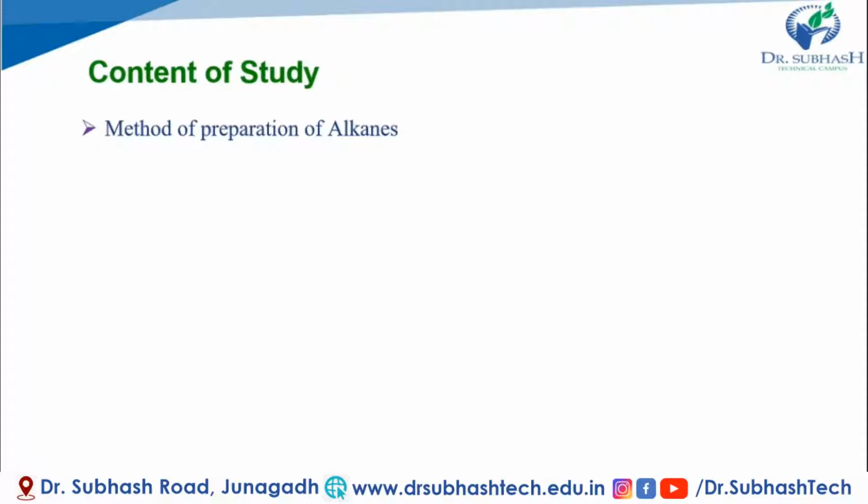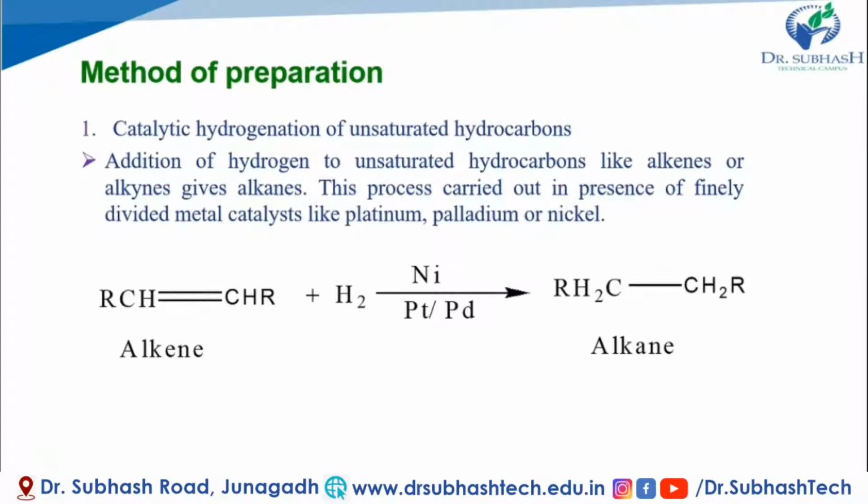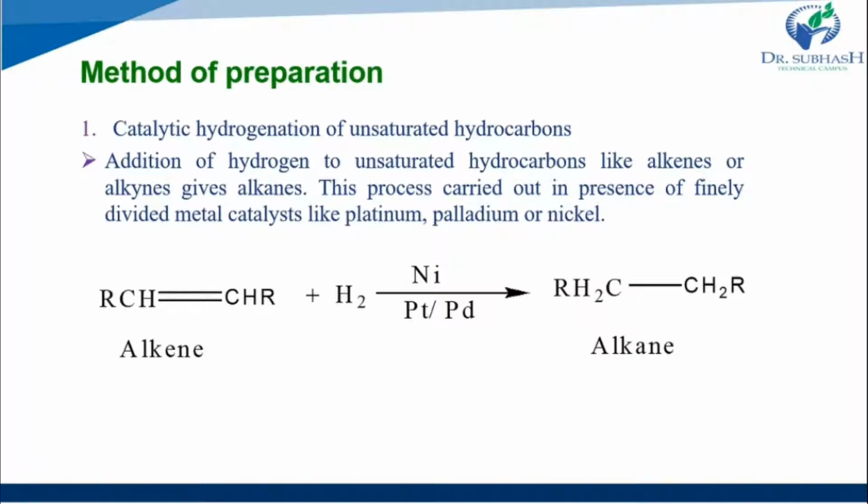The first method of preparation is catalytic hydrogenation of unsaturated hydrocarbons. In this process, unsaturated hydrocarbons, like alkenes or alkynes, add hydrogen to make an alkane. Alkane means the saturated hydrocarbon.